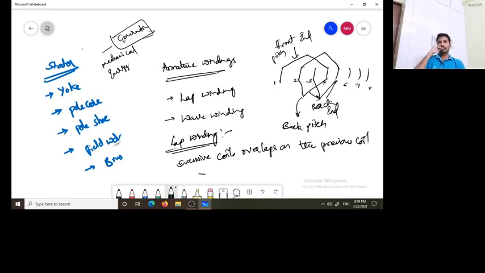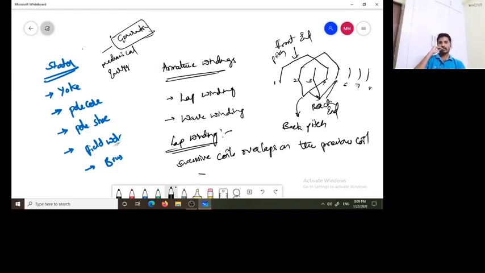A successive coil is nothing but the coil which comes next. That coil overlaps on the previous coil. You can see the overlapping occurs here. Again it comes to the inner part, and again it overlaps. This type of winding is nothing but a lap winding. This type of connection is a lap winding connection.